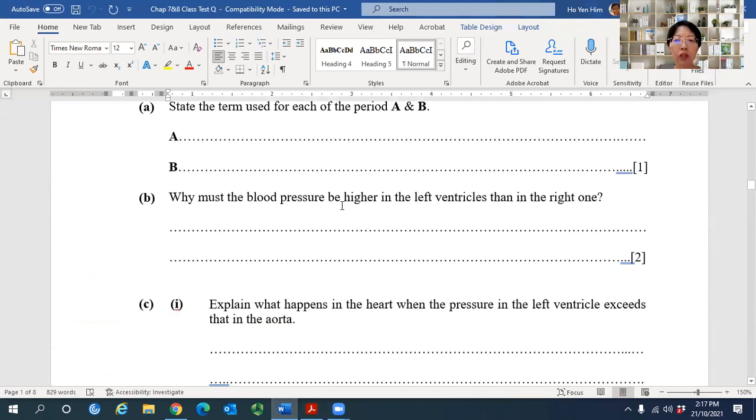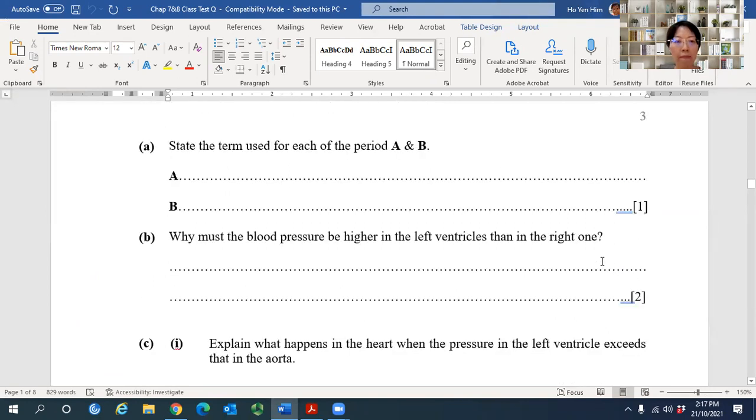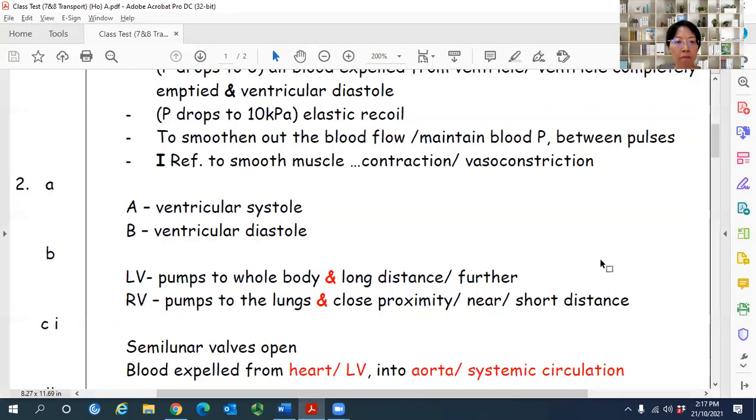B, why must the blood pressure be higher in the left ventricle than in the right one? 2 marks. So check how to write to score the full marks. Now, the left ventricle pumps the blood to the whole body. If you don't write whole body, I will also accept systemic circulation.